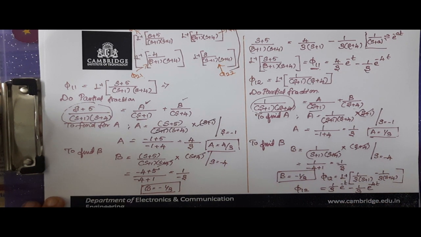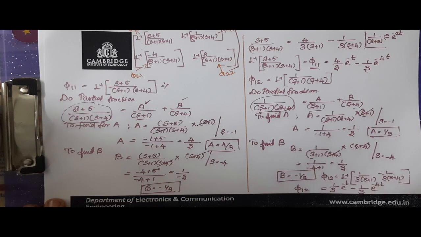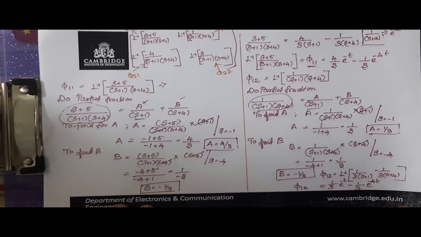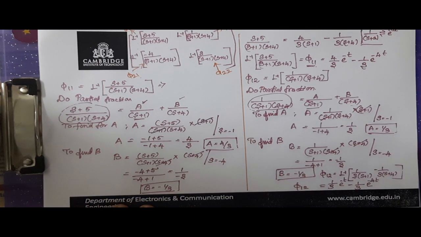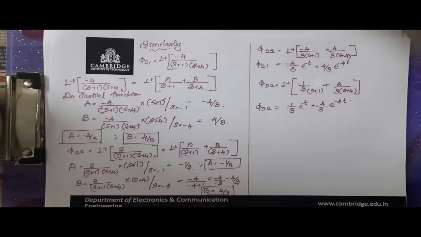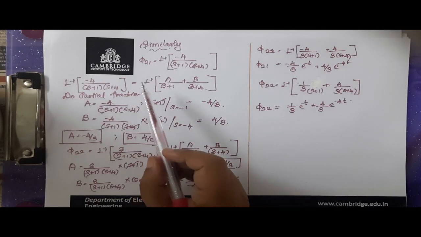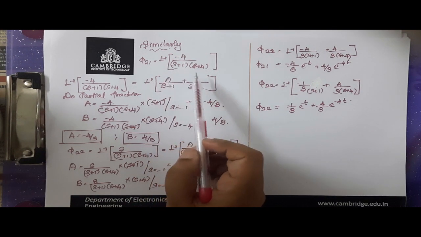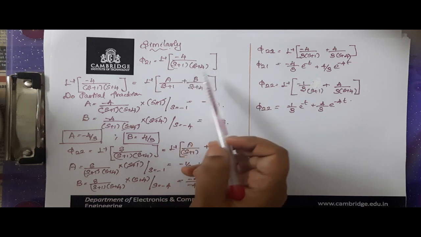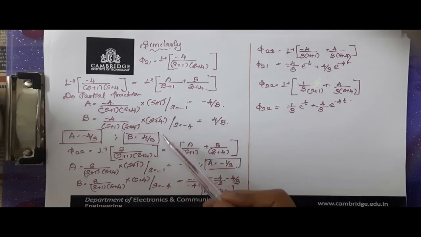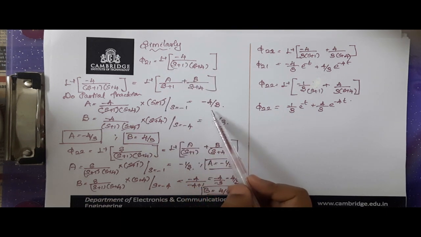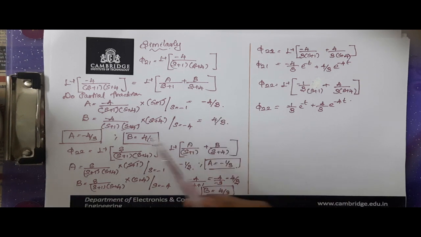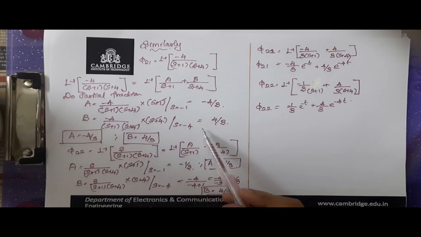Let us find phi 2, 1 and phi 2, 2 following the same procedure. Similarly, I can write phi 2, 1 as L inverse of minus 4 divided by (s plus 1) into (s plus 4). Once after applying partial fraction, I obtain a as minus 4 by 3 and b as 4 by 3.